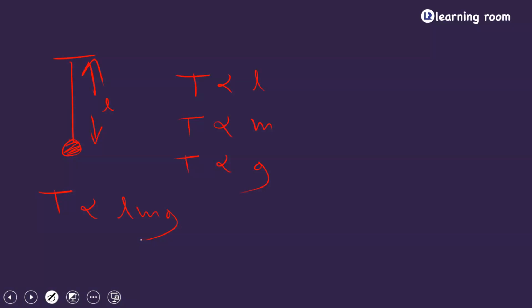So whenever we have to change from proportionality to making it equal to, there is a constant of proportionality. Okay? The idea is that if this increases, this increases. But that doesn't mean increasing in equal part.